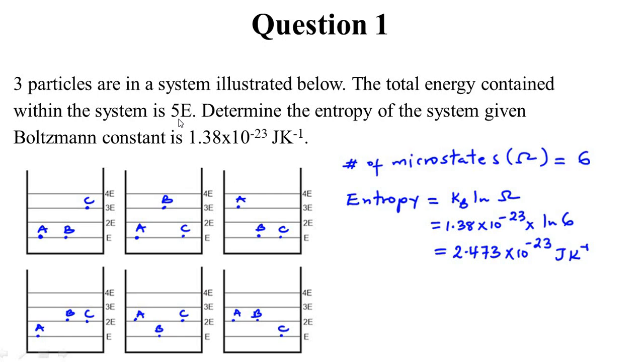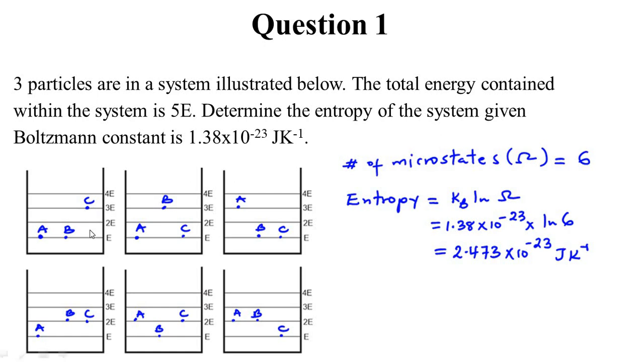So first we have been told about 3 particles. So think of it, 3 particles which are distinguishable. We have a possibility of the particles getting arranged in this system such that we have particle A at level E, particle B at level E, and then we have particle C at level 3E, totaling to 5E.